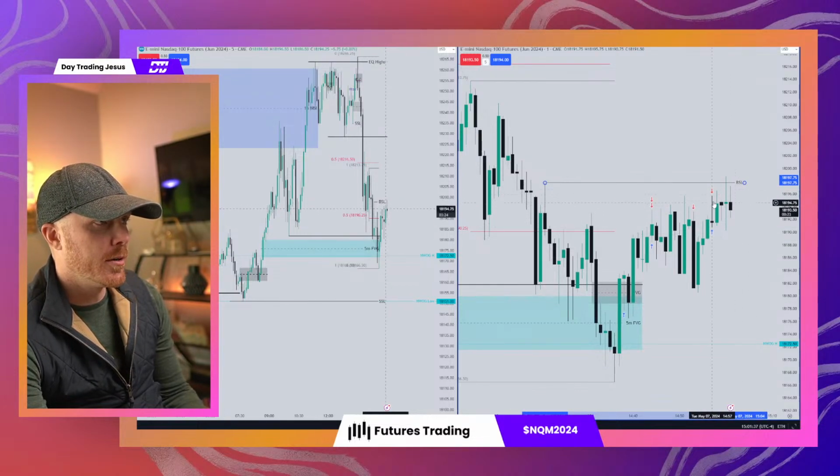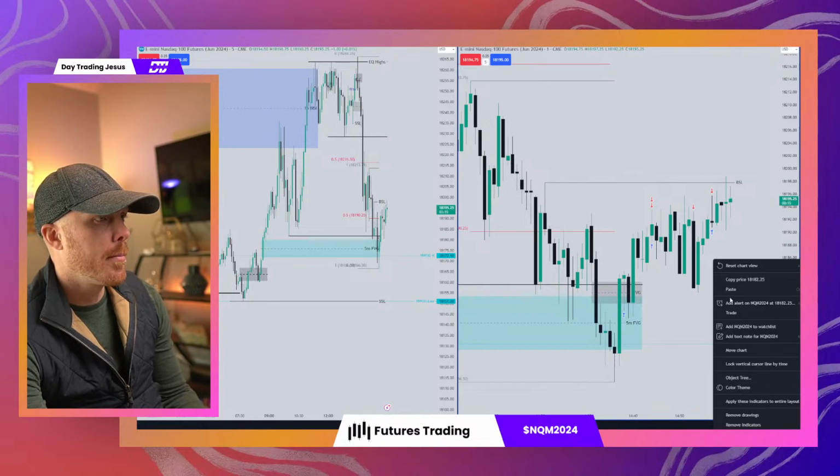Probably reversing right here. The lack of momentum tells me that there's a high probability we could just reverse.